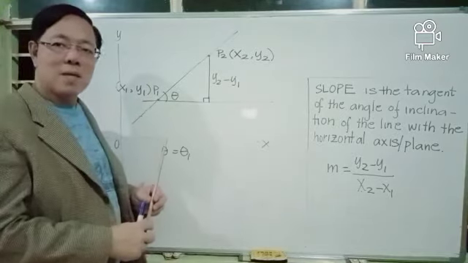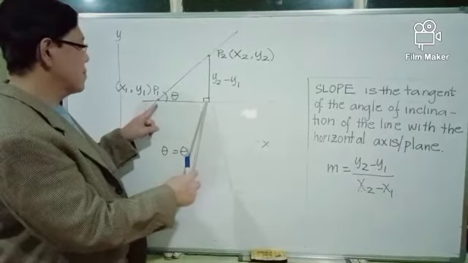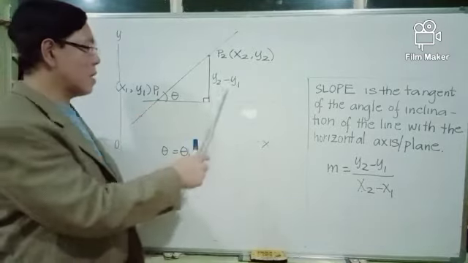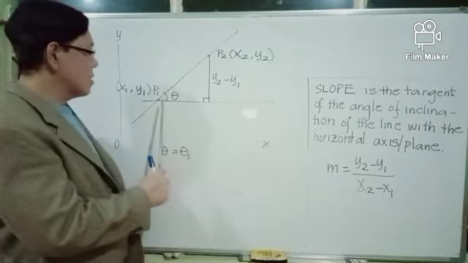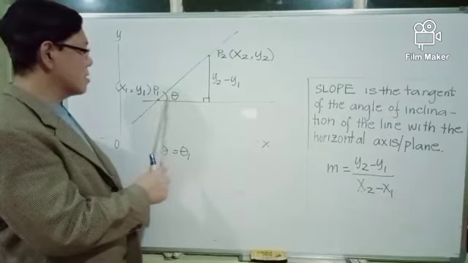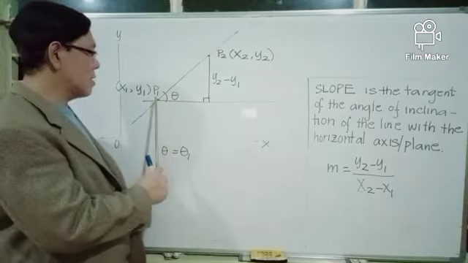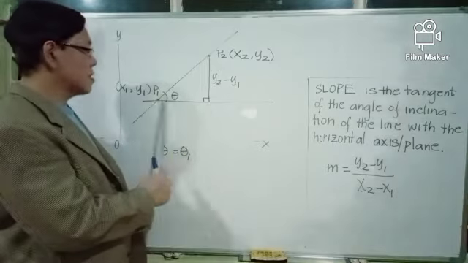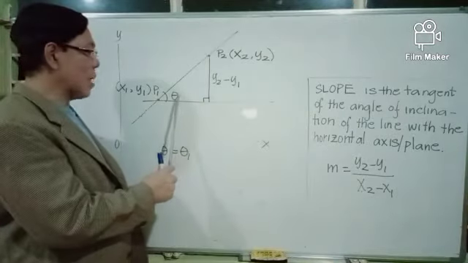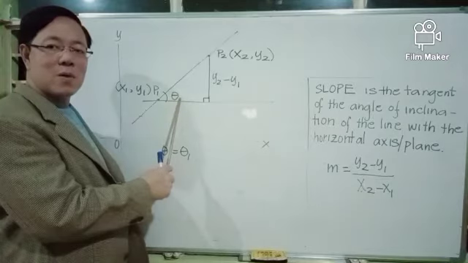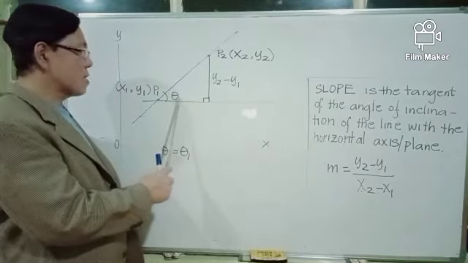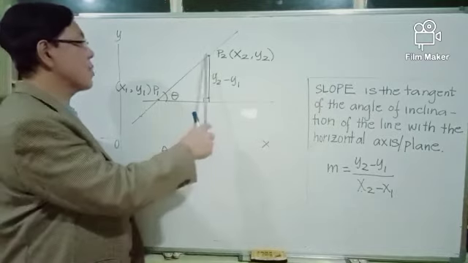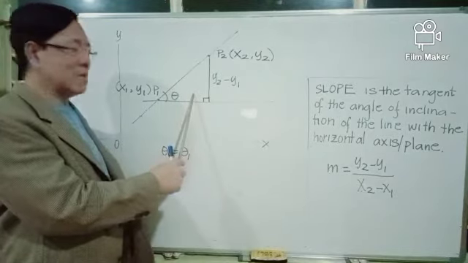Now, for the tangent, we need the opposite side and the adjacent side. The side adjacent to the acute angle theta is this side of the right triangle. This is the side that makes the acute angle theta, or the angle of inclination of the line, with the hypotenuse of this right triangle.